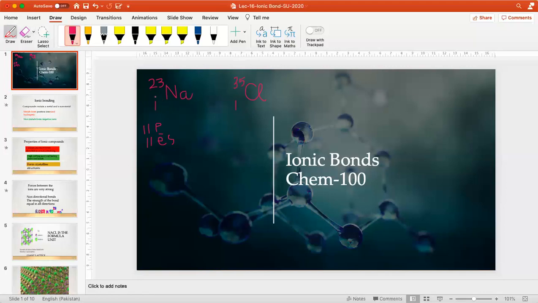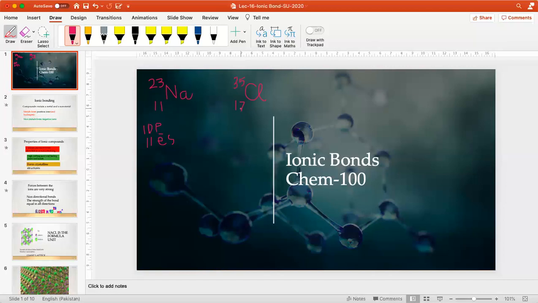Let me correct it first. We cannot do like this. Okay. When sodium gave away its one electron, now the position is that it has 10 protons and 11 electrons.